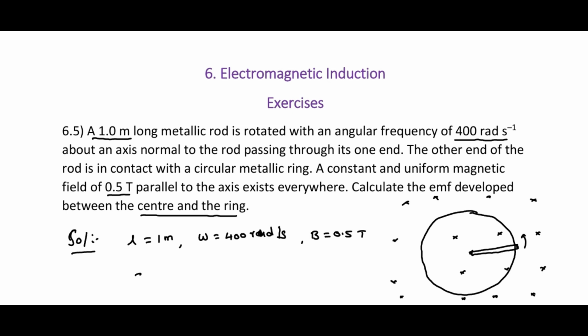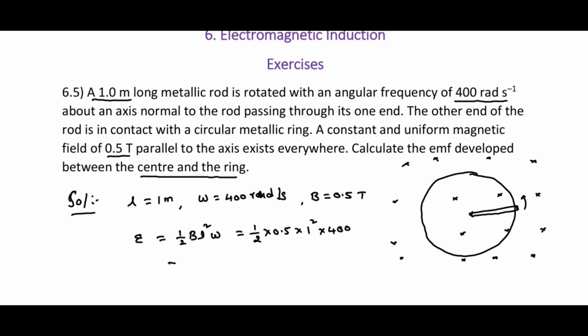In this case, the induced EMF E is equal to half B L square omega, that is equal to half into 0.5 into 1 square into 400. So its value will be 100 volt.